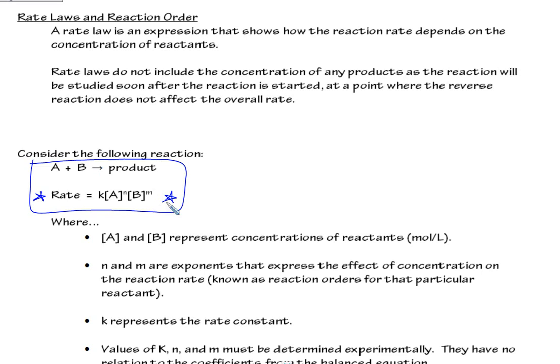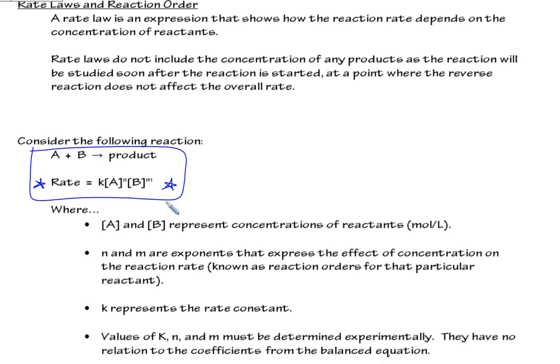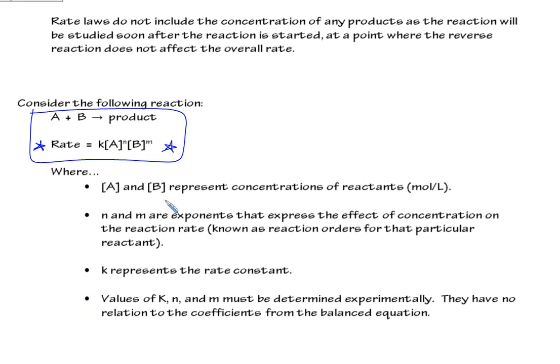So again, here's an example of what this rate law looks like. It's a bunch of symbols. Here's what they stand for. When you see something in brackets, it's usually going to be an element or a compound. We mentioned in the last video that brackets represent concentration. Concentration is measured in molarity, which could be the big capital M, or maybe just moles per liter.